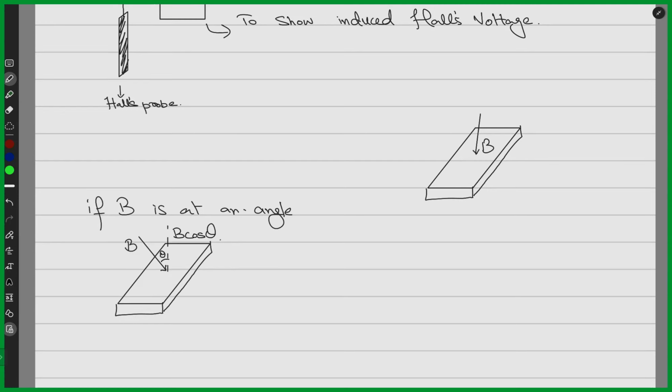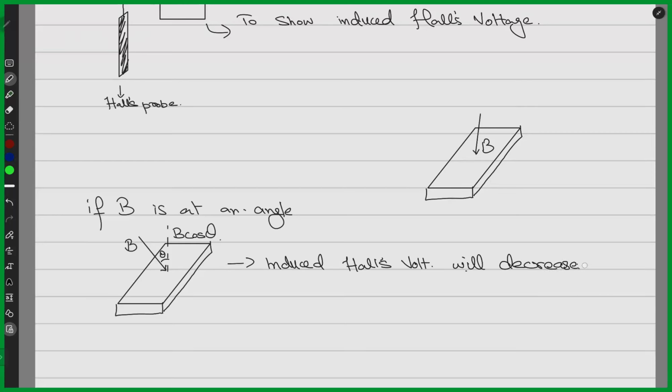So what would you expect the induced Hall's voltage to be? Would it be greater or less compared to if the magnetic field was exactly perpendicular to the slice? Less. Yes, exactly. So it will decrease.